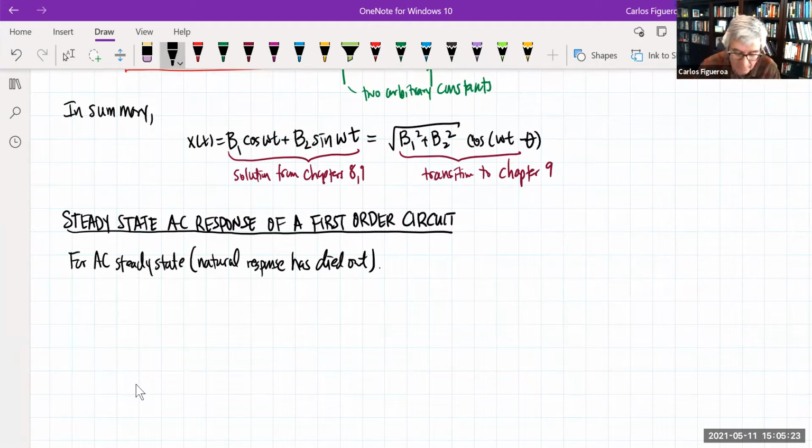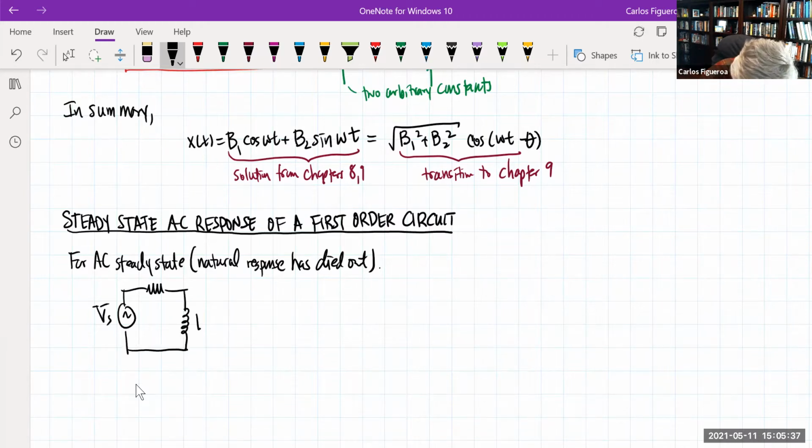Okay, so now that I know that, I have my circuit here. I'm going to have some voltage source, a resistor, and an inductor. So this is L, this is R.